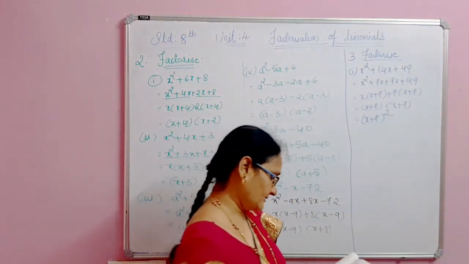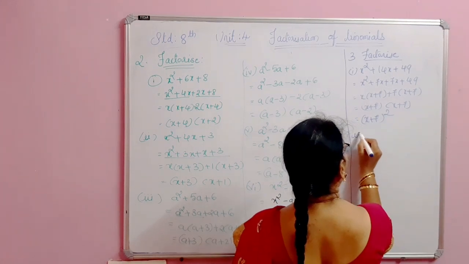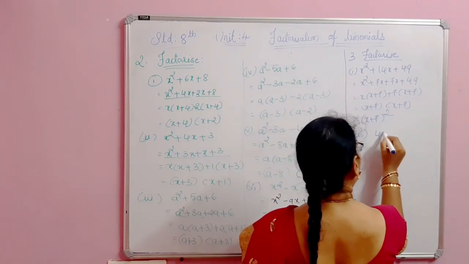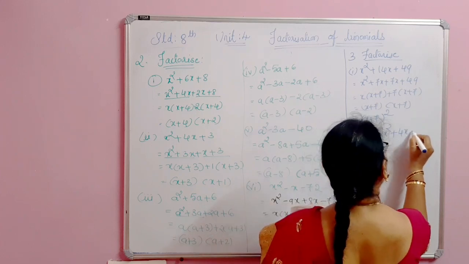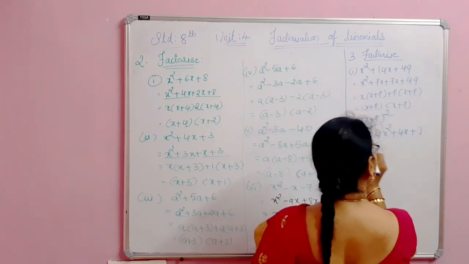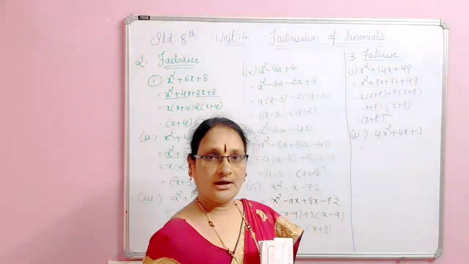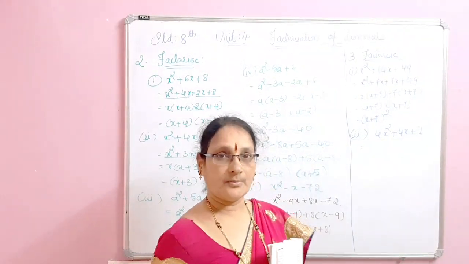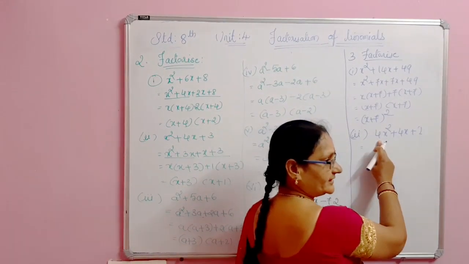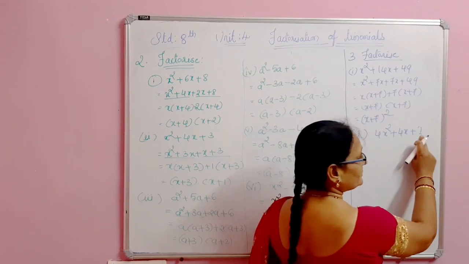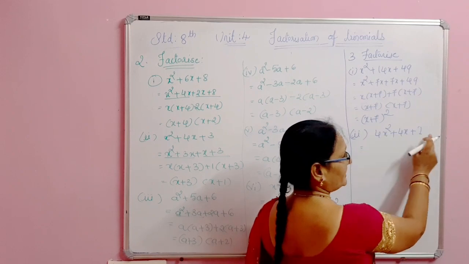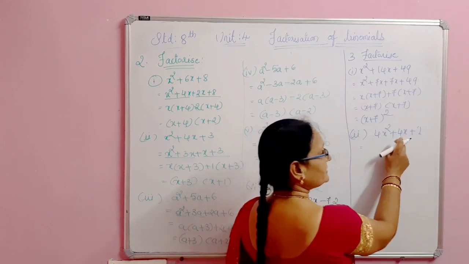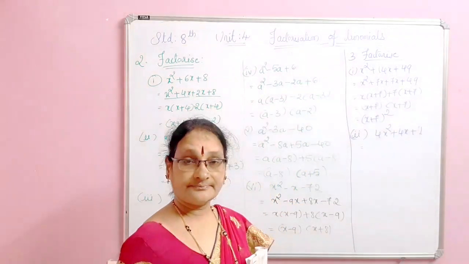Then in the same way, second one, 4x square plus 4x plus 1. See here, this is a little bit different. How to do it in such types of problems? Here a coefficient is there, 4 is there, no? You have to multiply these two, 4 ones are 4. That means on multiplication we have to get 4. On addition we have to get 4x.